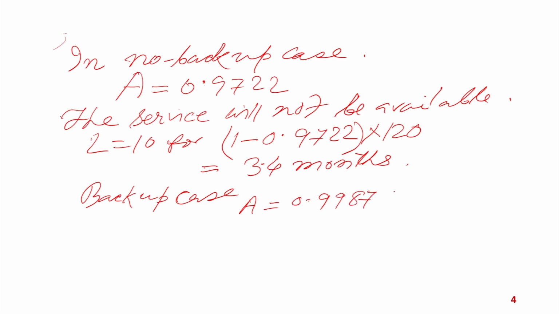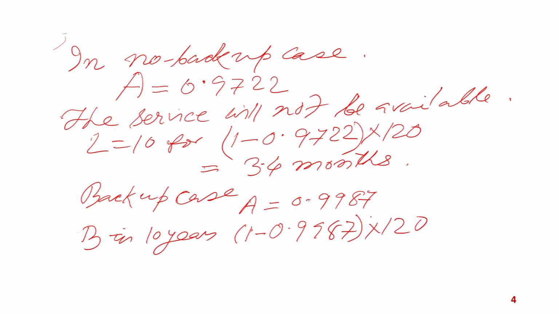Now if I calculate the unavailability, B in 10 years, which means the unavailable period, it is 1 minus 0.9987 multiplied by 120, and this comes to be equal to 0.18 months.